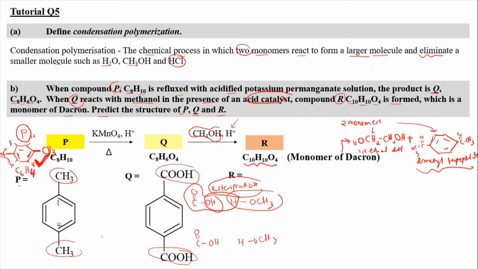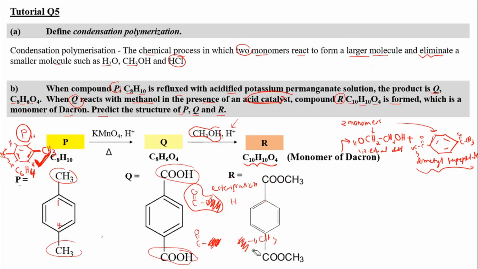So we're going to eliminate OH and we're going to eliminate hydrogen, and what we're going to get at the end is C double bond O connected with OCH3. Same goes to the below part here. So it's going to be C double bond O, dash OCH3. Okay, so that's going to be the structure of R.